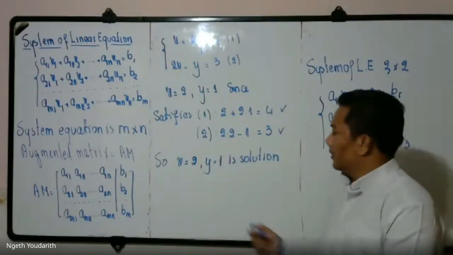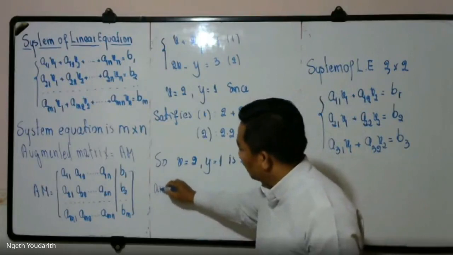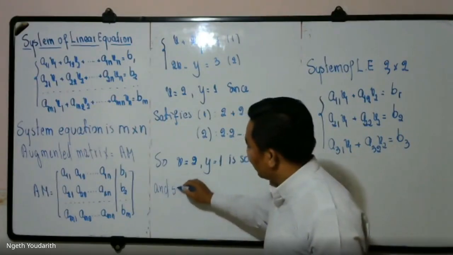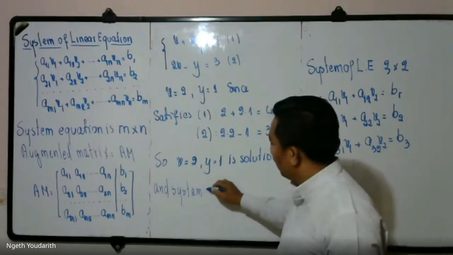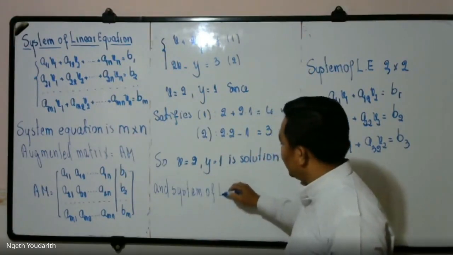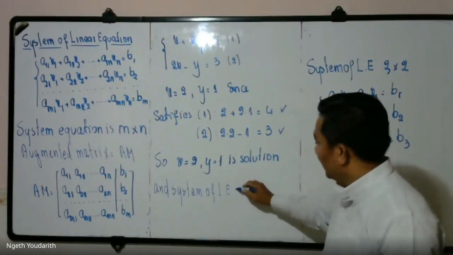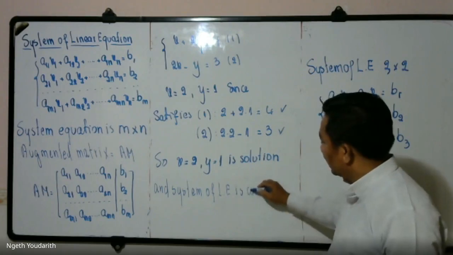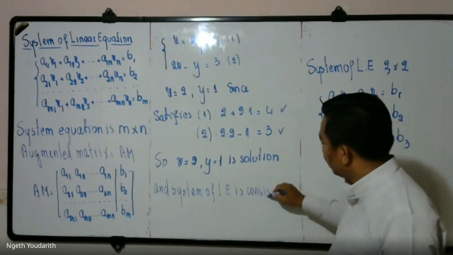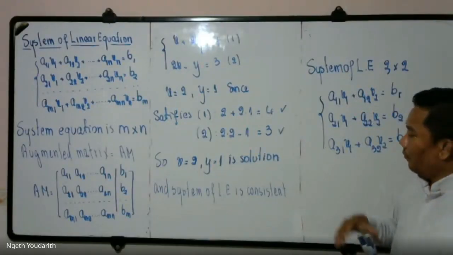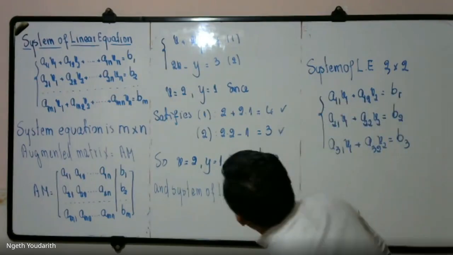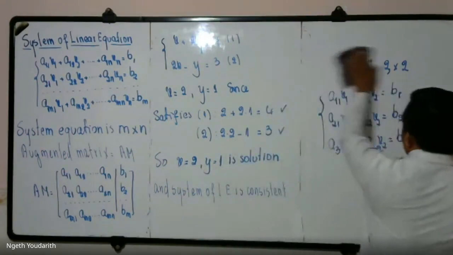Consistent. The system of linear equations is consistent. And one more thing, I want to give another example.